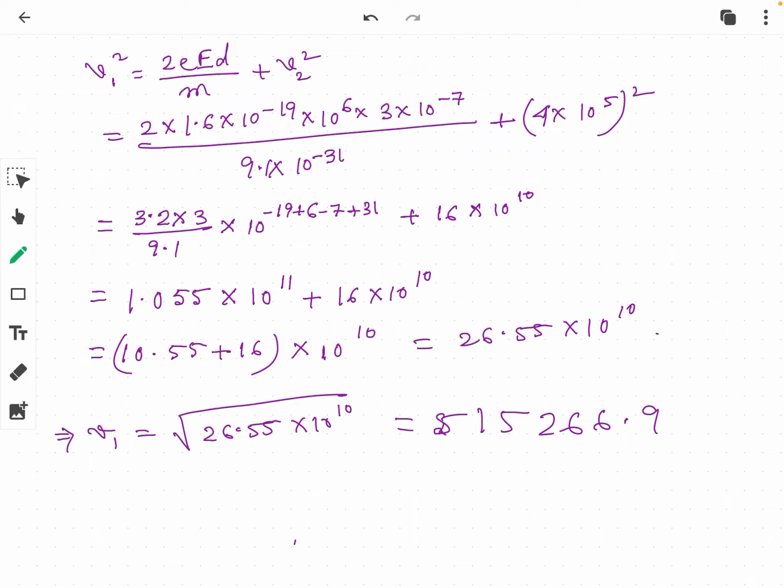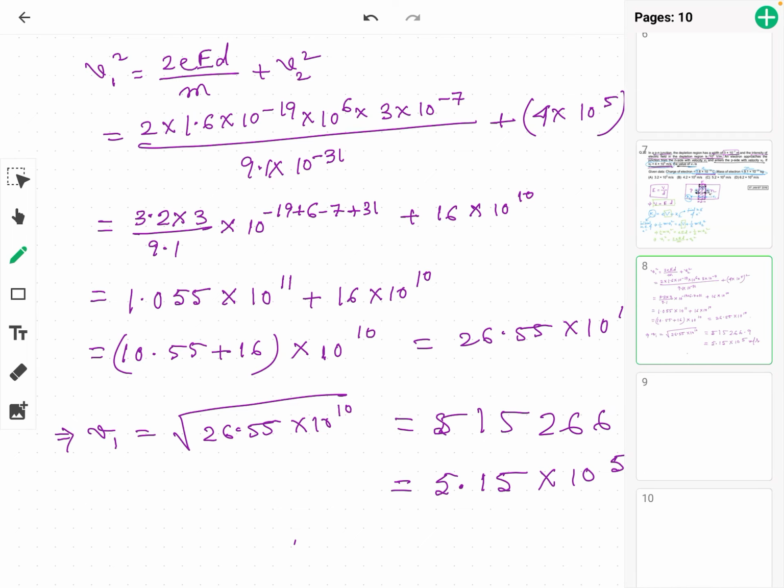Our answer is in 10 to the power 5 format, so we can write it as 5.15 into 10 to the power 5 meter per second. So it is our answer.